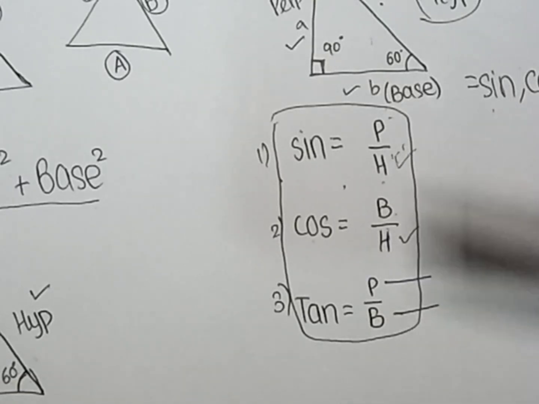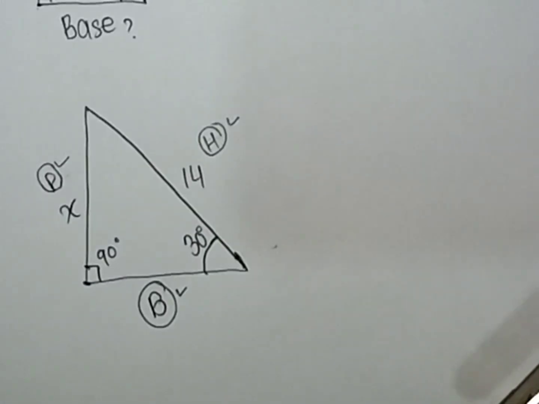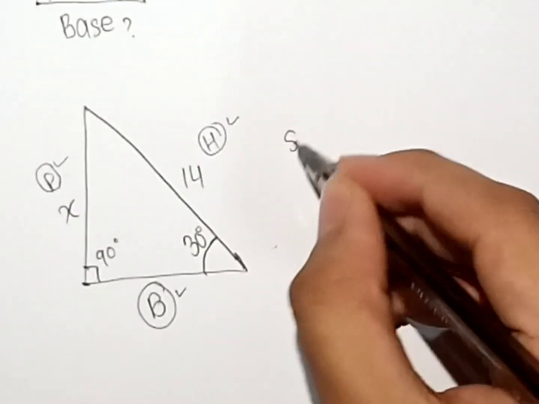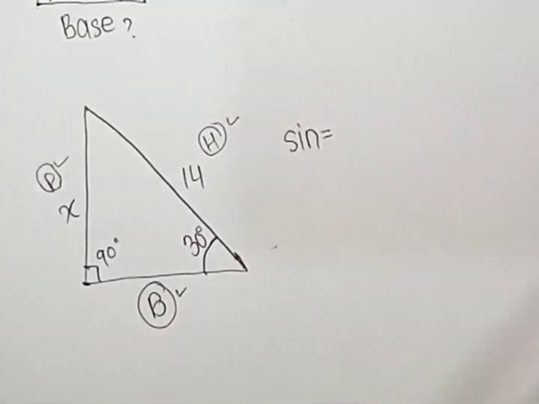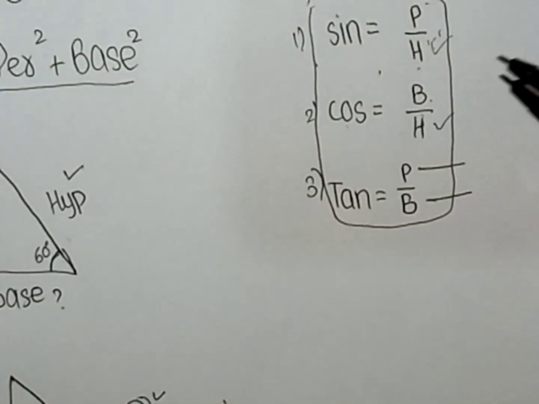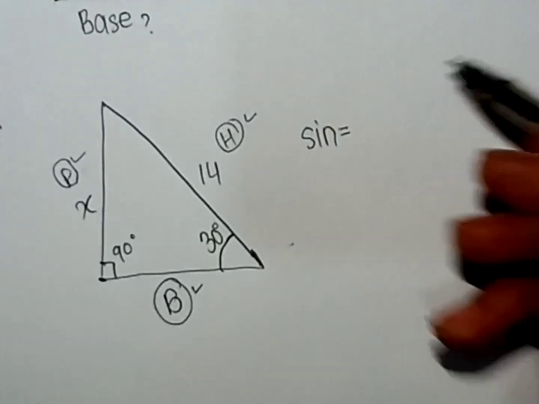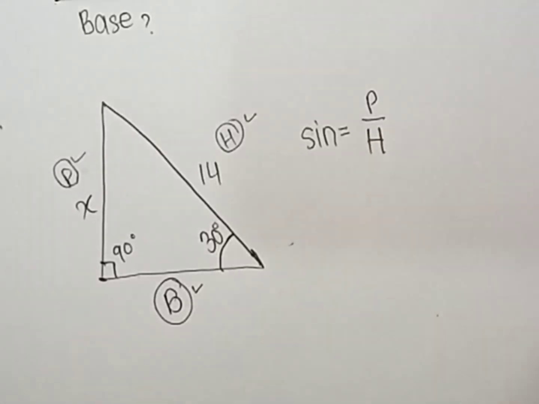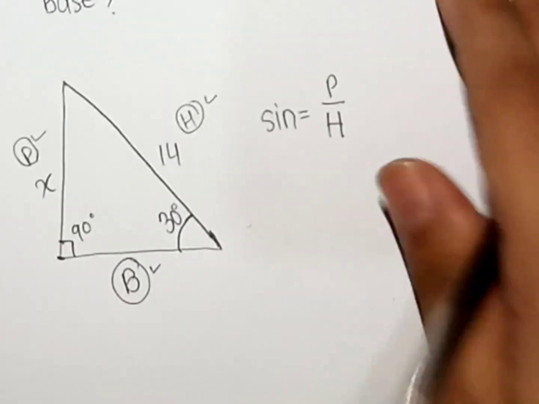So which trigonometric ratio is suitable for this figure? I think sine, obviously. Why? Because sine is perpendicular upon hypotenuse.